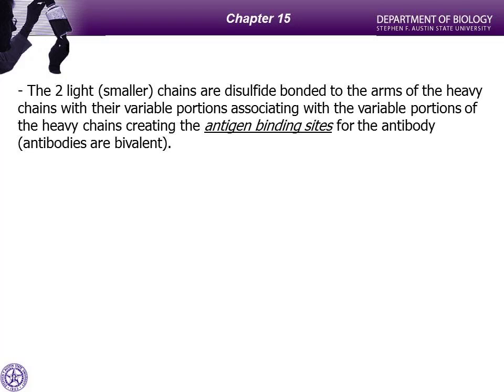So the variable region is where we're going to bind pathogen. If you notice, an antibody can bind 2 pathogens at the same time. So I want you to think of the antibody almost like handcuffs. You've got 2 criminals, you handcuff them together. They're not as likely to just run away if they're both handcuffed together.